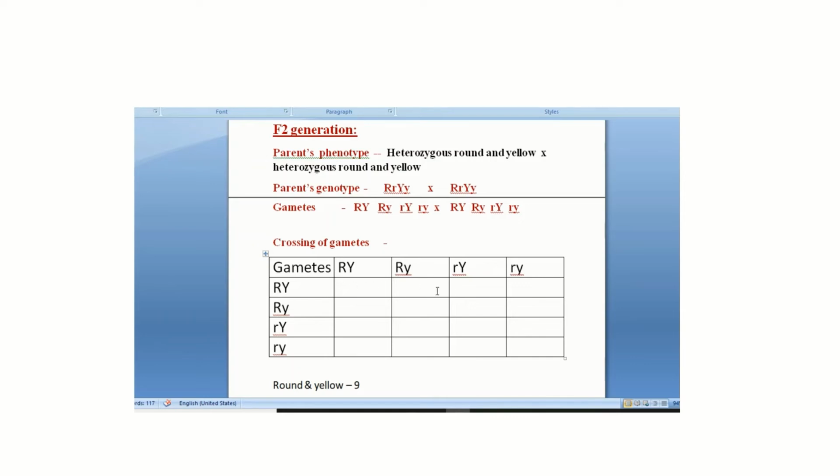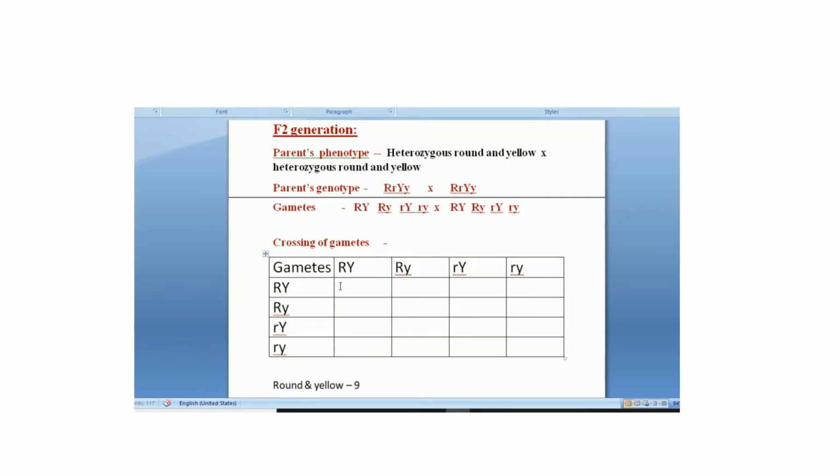After filling the first line, go to the second gamete, cross them with all these 4. So that will fill the second line. Go to the third gamete, cross them with all these 4. Then the third line will be done. Check the small gamete, the last one, cross this with these 4. You will get the fourth line. That is how we need to cross them.